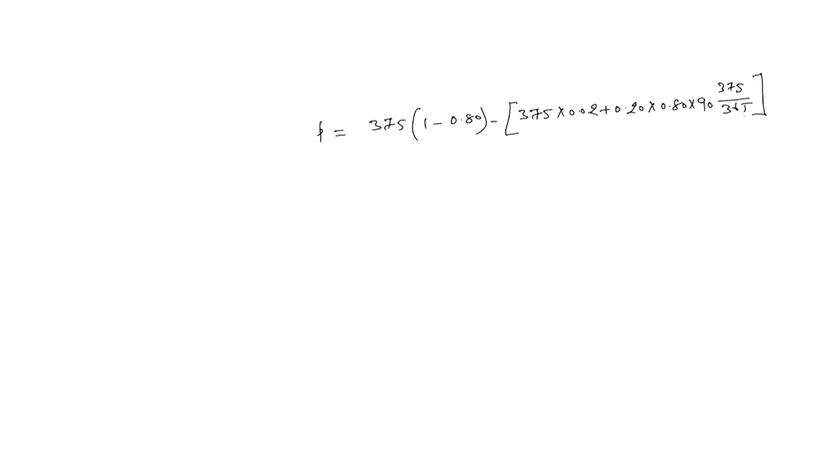And then 375 into 0.02, that is the bad debt loss, plus 20% is the opportunity cost of 80%, because investment is only 80%, not 100%, and then 90 is the credit period we are taking here, multiplied by 375 divided by 365.